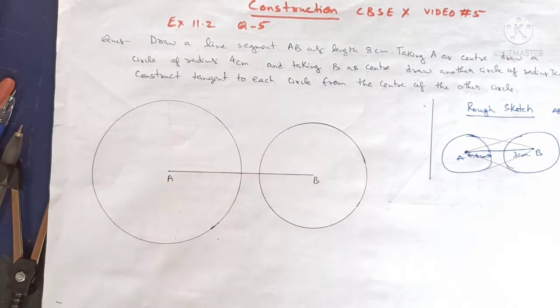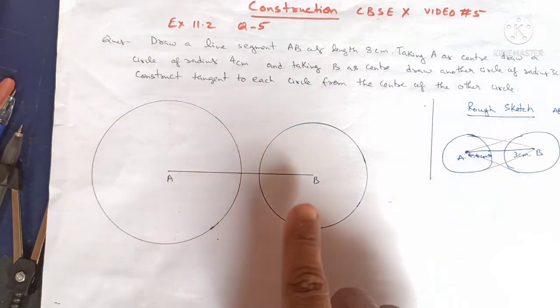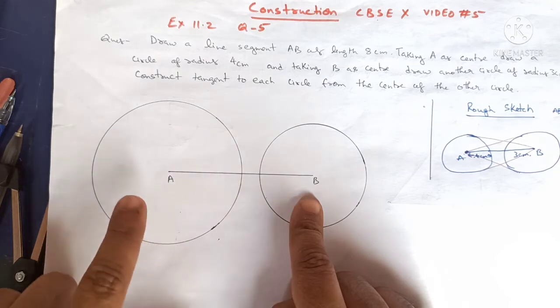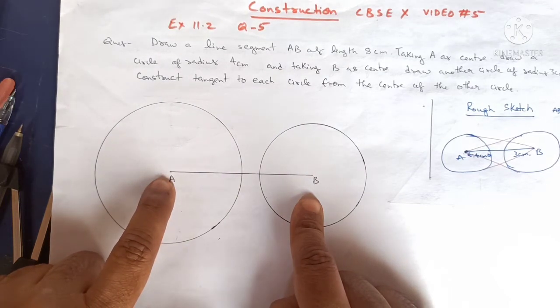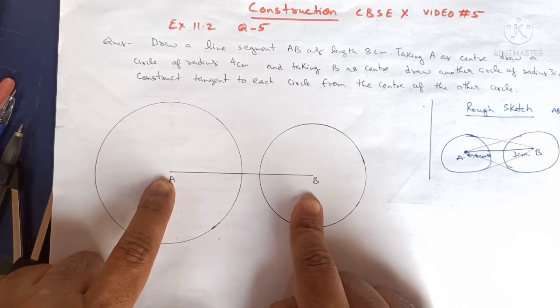Now we need to draw the tangents. As I have told you, whenever we have to draw a tangent, we will always draw a perpendicular bisector of the line segment joining the center of the circle to the exterior point. For the smaller circle, I have to take the center of the bigger circle as the exterior point, and for the bigger circle I have to take the center of the smaller circle as the exterior point.